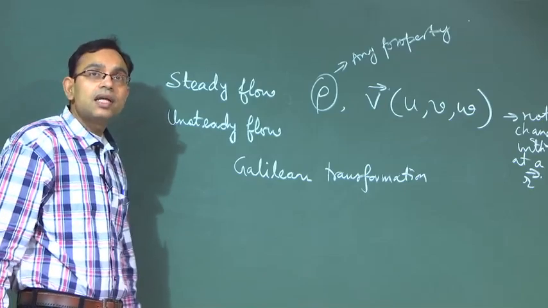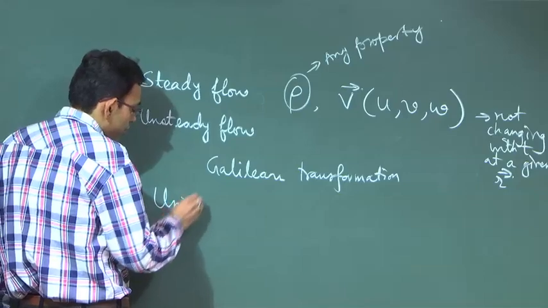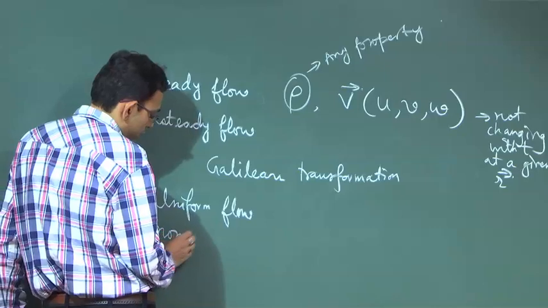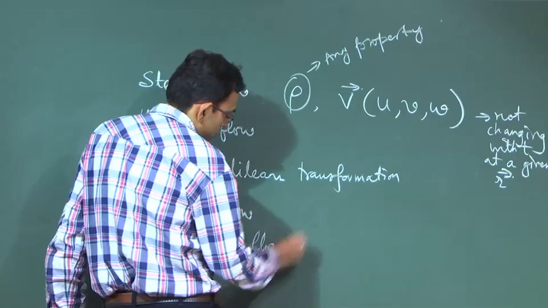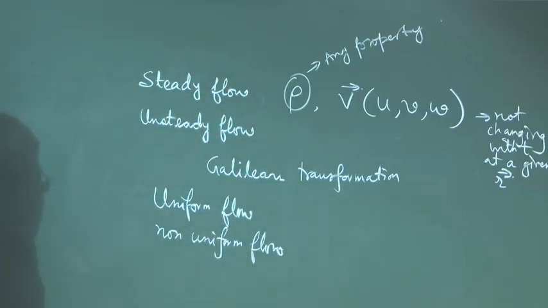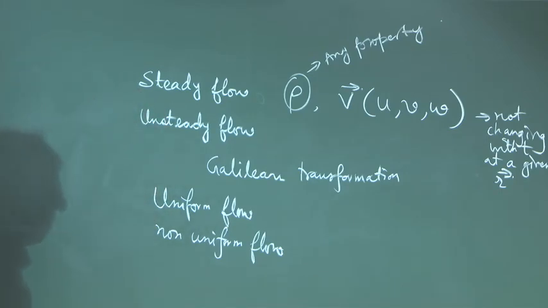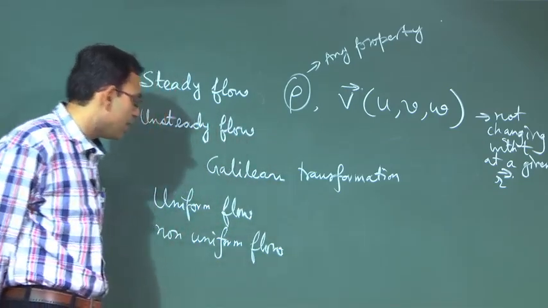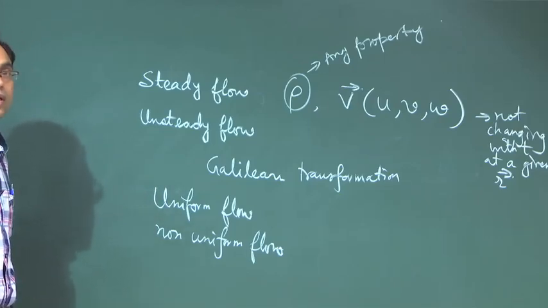There are two other related terminologies, one is uniform flow, another is non-uniform flow. So uniform flow means what? Uniform flow means that the velocity or the fluid properties, whatever, at a given time are not changing with position.